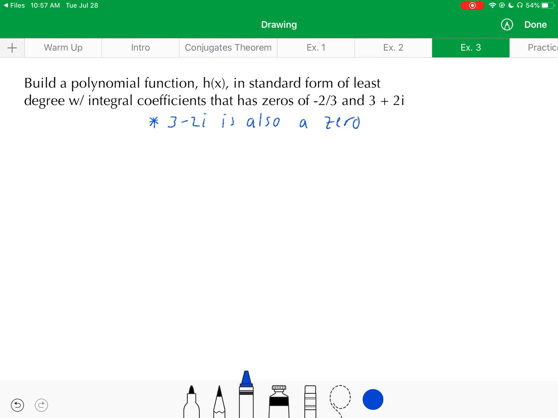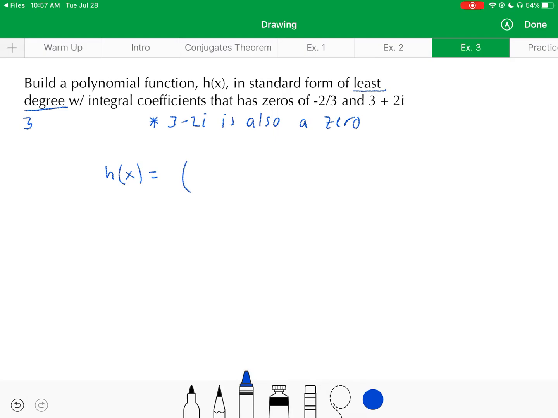Okay, and now since I have three zeros, least degree of this function is going to be 3. So let's build 3 linear factors for this function, h of x. If negative 2/3 is a 0, here would be where the integral coefficients portion of the directions should come into play.